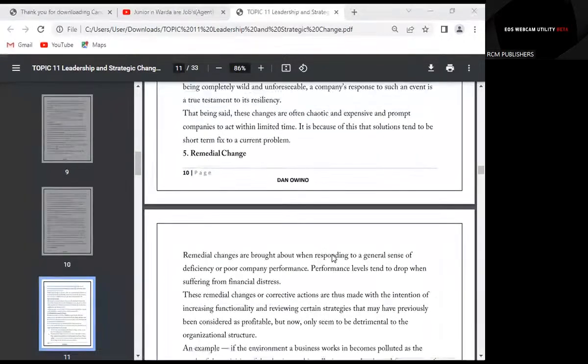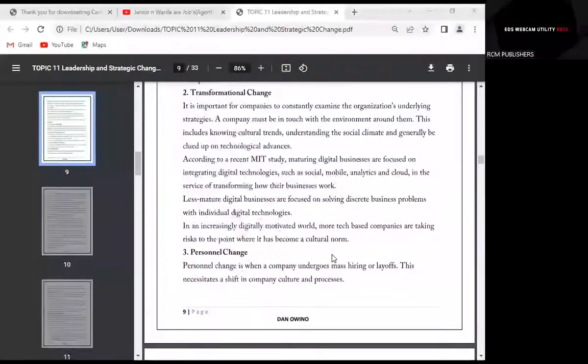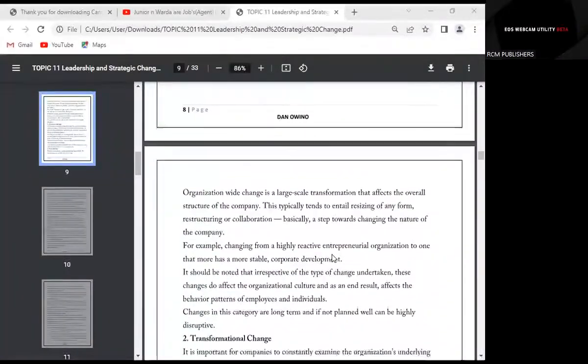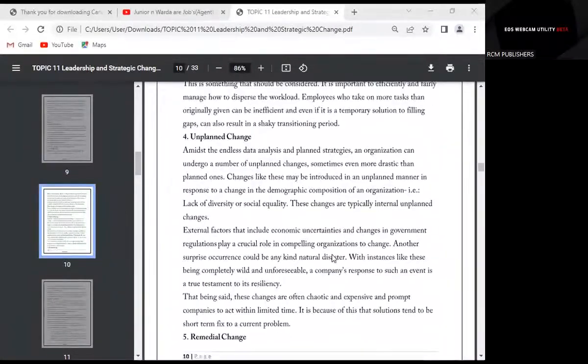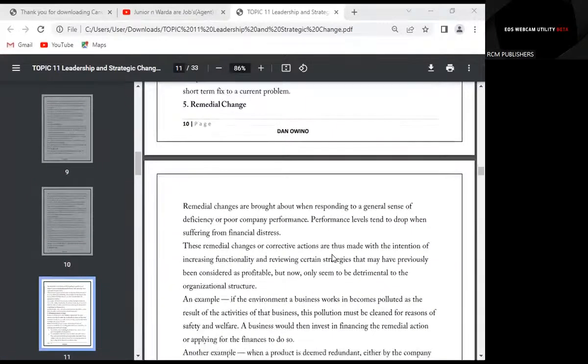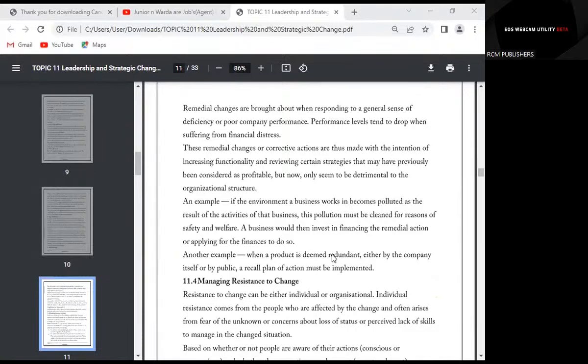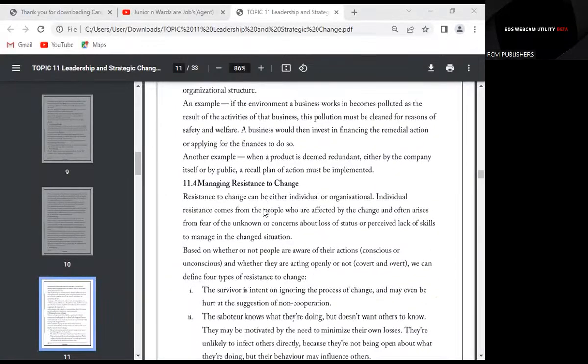So those are some of the types of changes that we have: organizational change, transformational change, personnel change, unplanned change, remedial change. We can also have proactive change and reactive change. Then we have this part, very important: managing resistance to change.